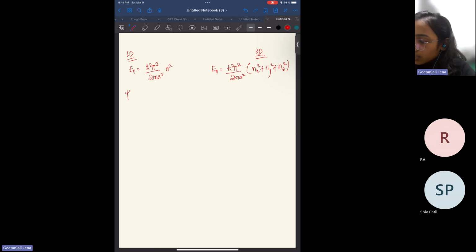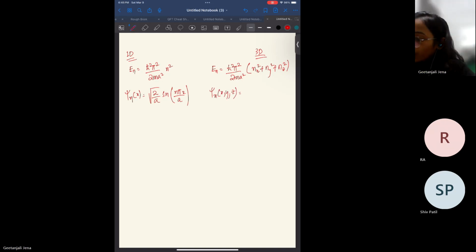Similarly for the wave function, in 1D you have the wave function as root over 2 by a sine n pi x by a. So in 3D, what you have is the product of these terms in the x, y, and z directions.